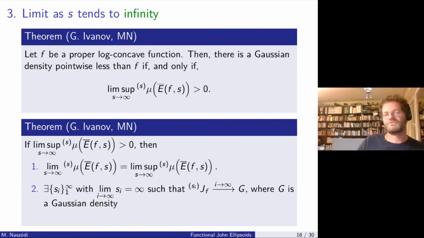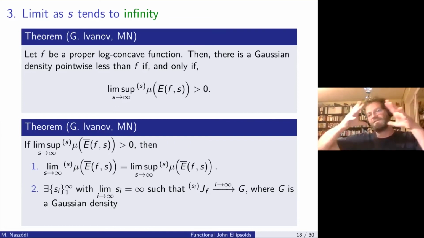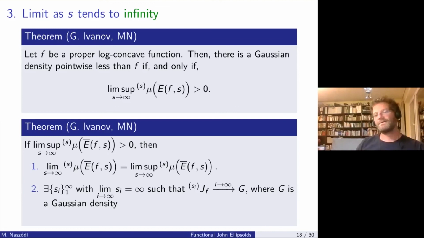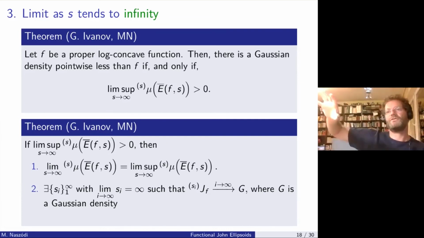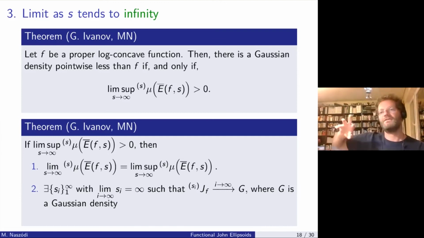First of all, we don't have a result that would say it's not possible that for some sequence S_i the S-ellipsoids tend to one Gaussian, and for some other sequence S_i they tend to another maximal Gaussian. So even that is not impossible at this point.